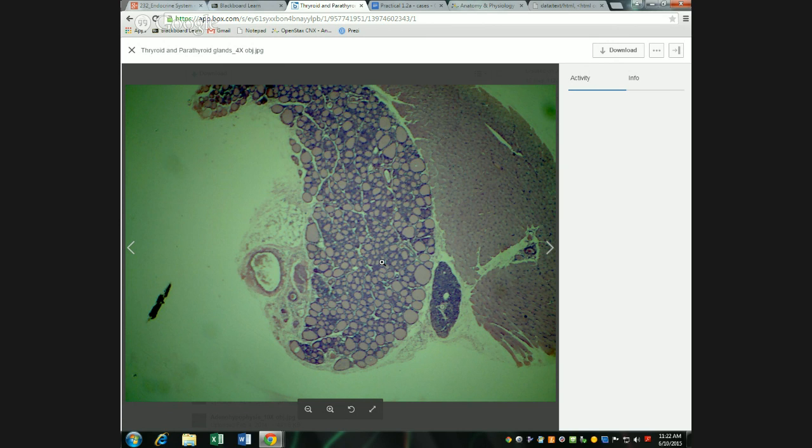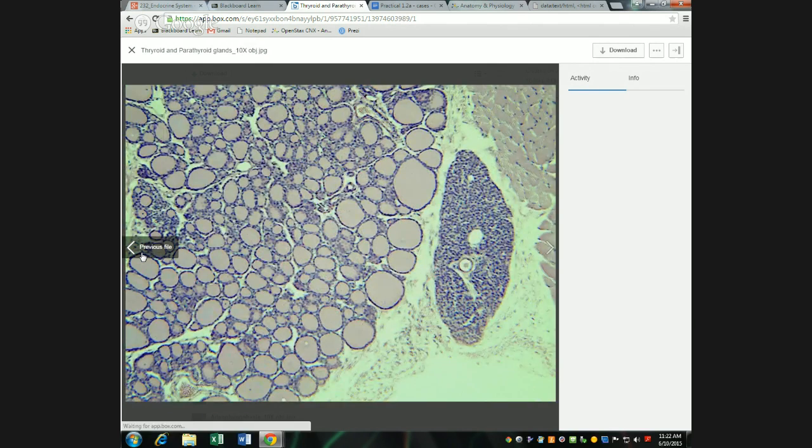Now, if we go to the 10x magnification, it looks less like adipose tissue here, because in adipose tissue, where you see a big lipid deposit, a fat vacuole, that's part of a cell, and so it's going to have just a single nucleus associated with it. And you don't necessarily always see the nucleus. But here, we've got a bunch of little dots all over the place.